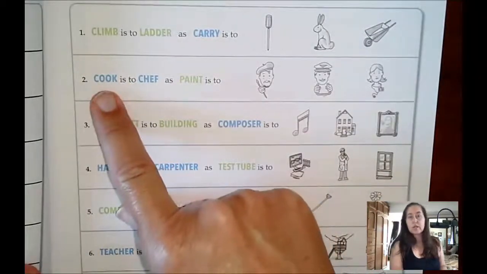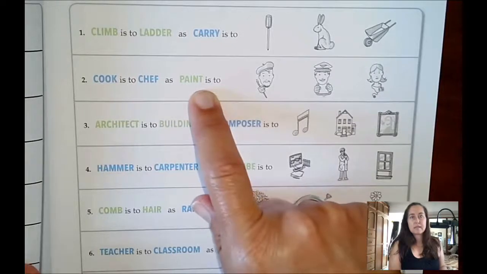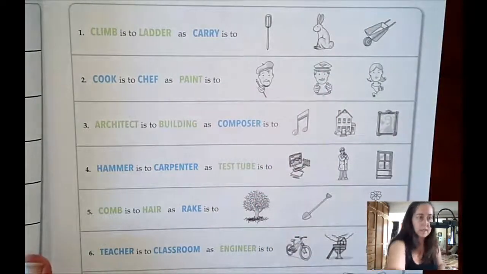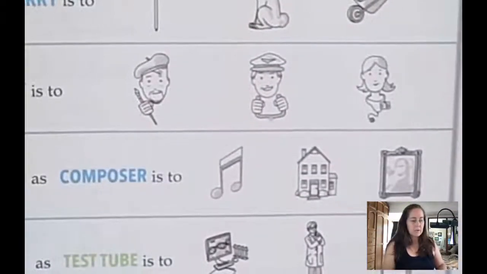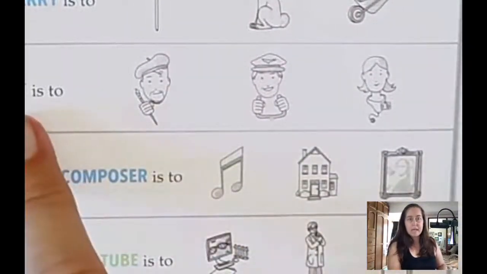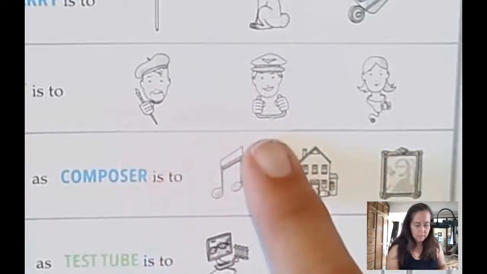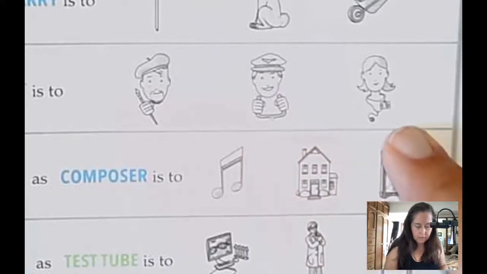Cook is to chef, as paint is to, this looks like an artist. Let me see if I can zoom in on the pictures more for you. So cook is to chef, as paint is to which of these? Looks like an artist, looks like a pilot, and this looks like a doctor with a stethoscope.